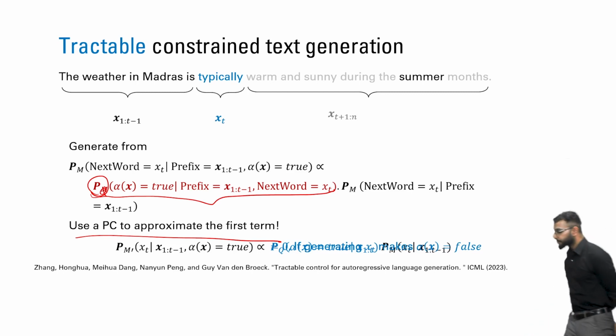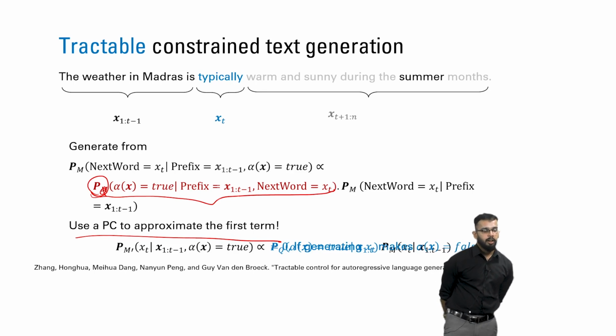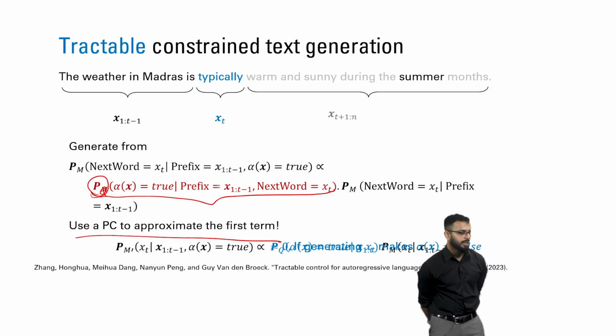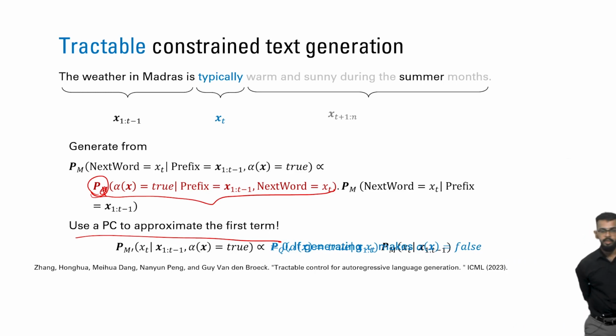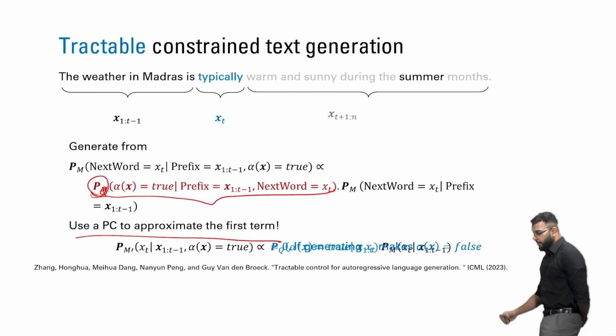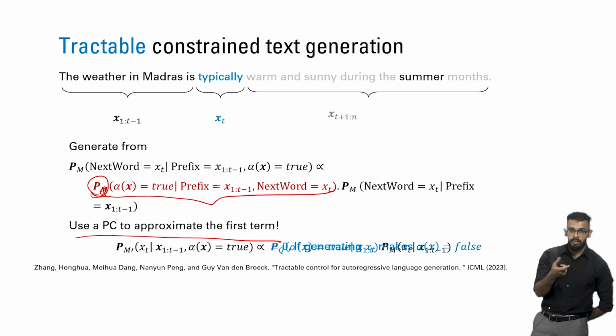So here, the thing is, when you have a tractable circuit, the likelihood of a sentence in which the constraint is violated would always be 0. So when you are taking the product, that likelihood goes to 0, so you won't generate it. So it will guarantee, in fact. And for different types of constraints, you will have to have different probabilistic queries.